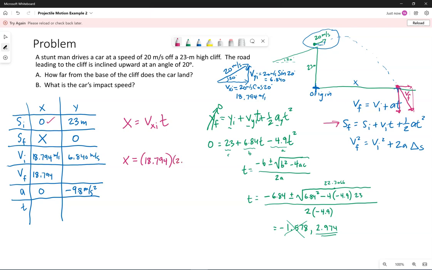And now we know how long the car is in the air. So let's go with the 2 sig figs. We'll say 20 is exact, both for this initial speed and angle. 23 is 2 sig figs. So this is going to be 56 meters. This car lands 56 meters from the base of the cliff.